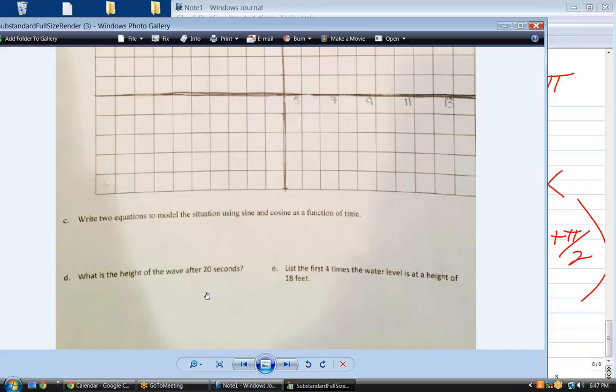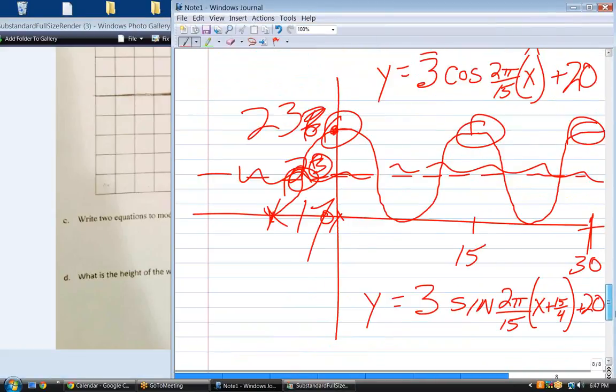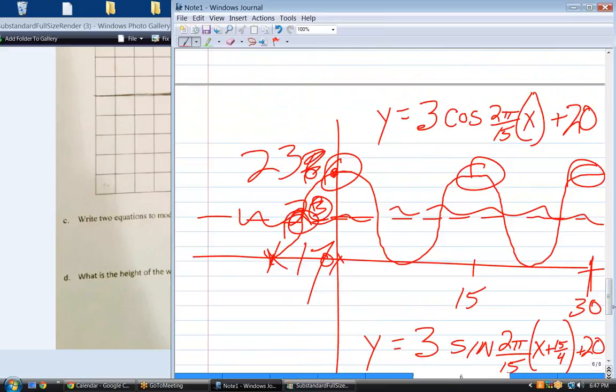What is the height of the wave after 20 seconds? Well, that's real easy to answer once you have the function. Remember, x is t. Let's make it say t instead of x. The horizontal axis here is t. We know the height of the water at any t.